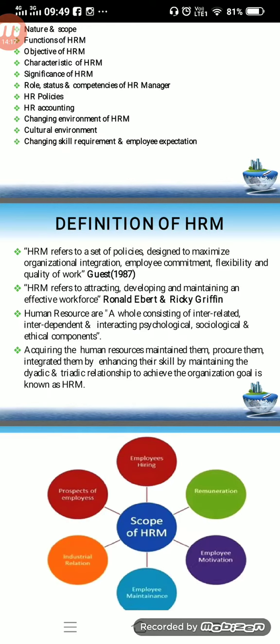Like bringing the employees into the organization, we have to select the employees who are proper for the organization, and we should give the employees proper training and development, and we must follow ethical techniques.